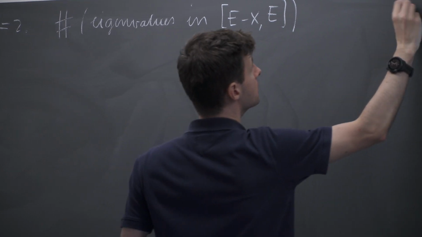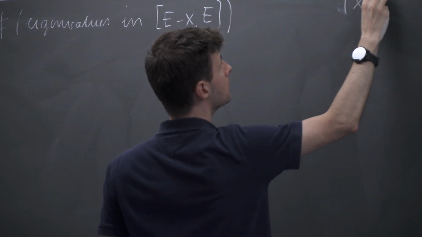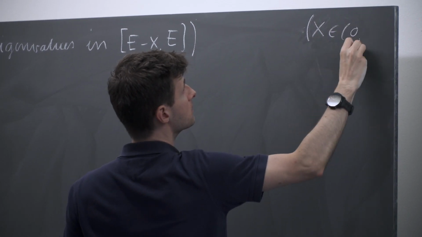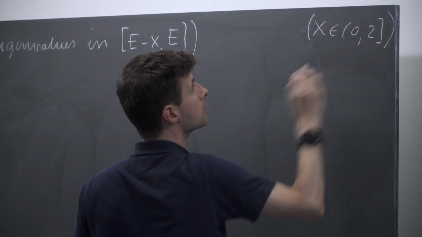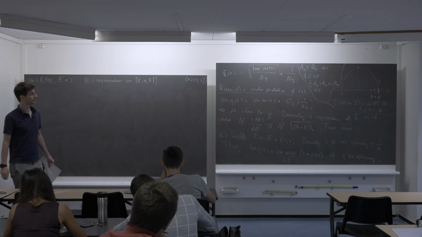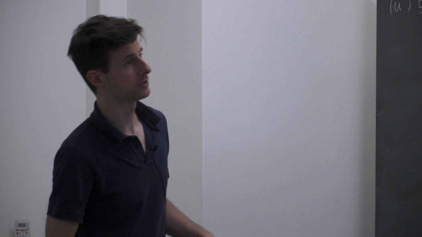Let's say x is between 0 and 2, something like that. We don't want to go all the way to the other edge. You should think of x being a small positive number.